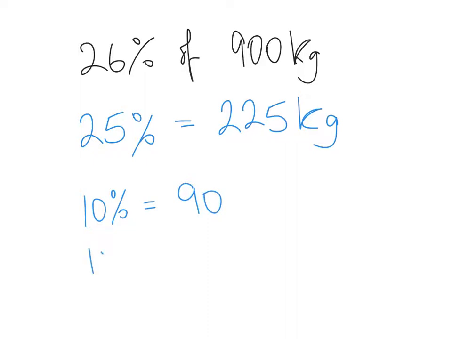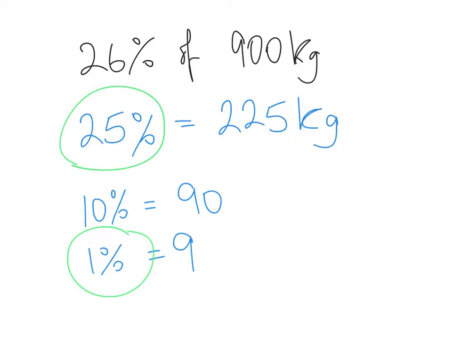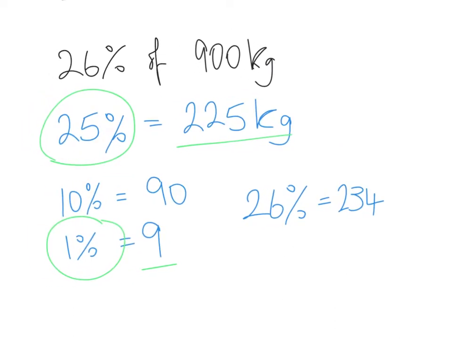And then 1% will be that answer divided by 10 again. 90 divided by 10 is 9. So now that we know what 25% is and 1%, we can add them together. So 225 plus 9 tells me that 26% is 234 kilograms.